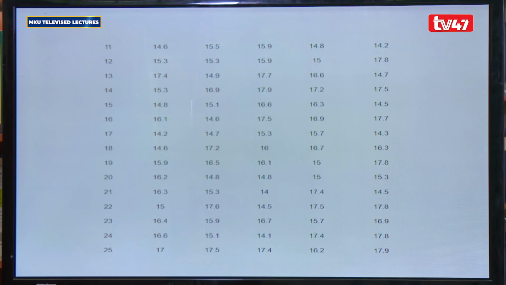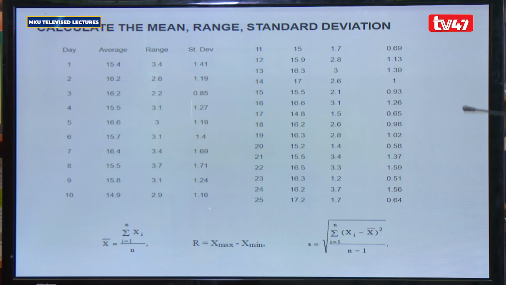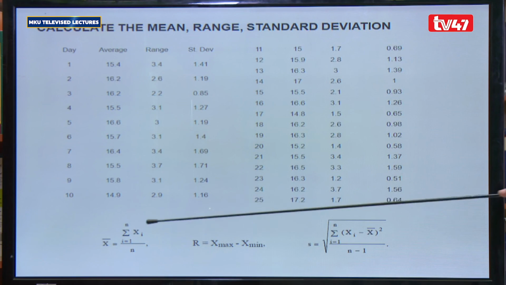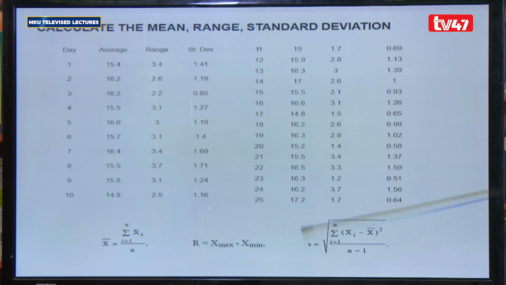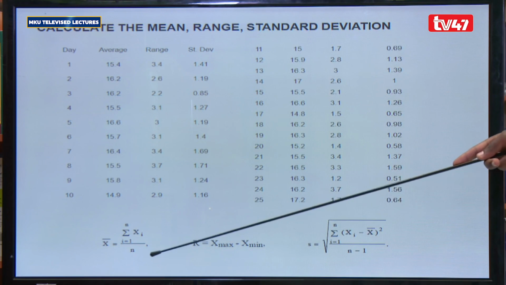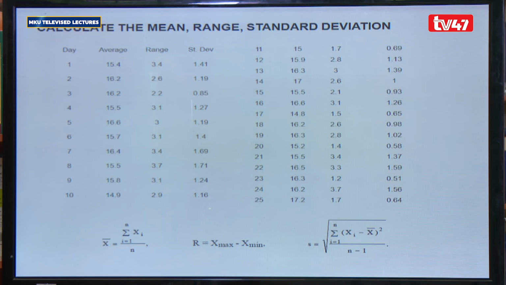So in this case, we will need to calculate the average, which is the mean, and then we also calculate the range and the standard deviation. The formulas to use are as follows. This is the summation of x_i all over n.